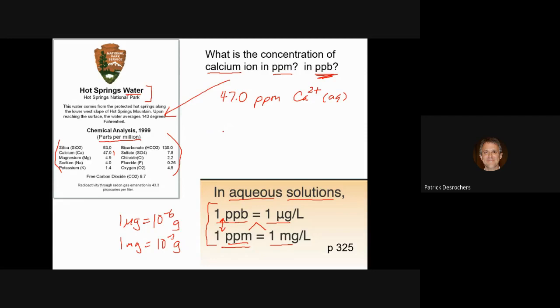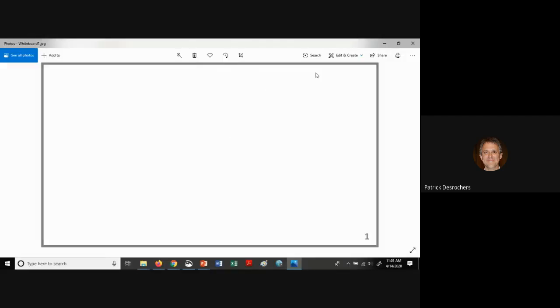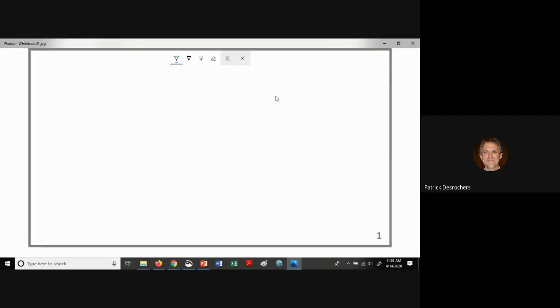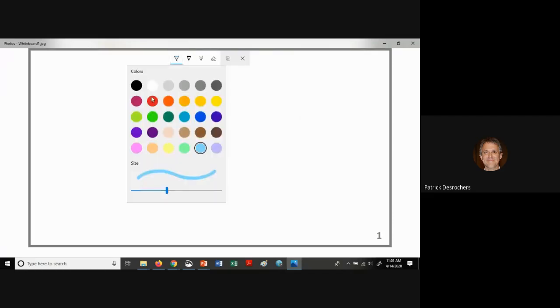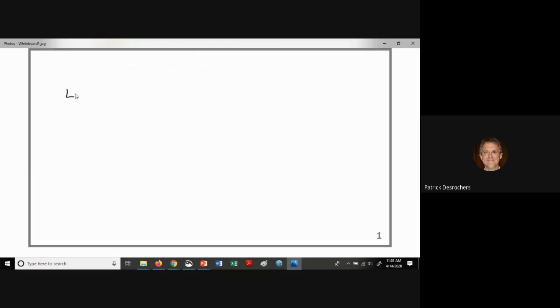And there's different ways to do this. So I'm going to step over here just for a second. If I have 47 parts per million of calcium, and I'm required to write that in parts per billion calcium, first some concepts.